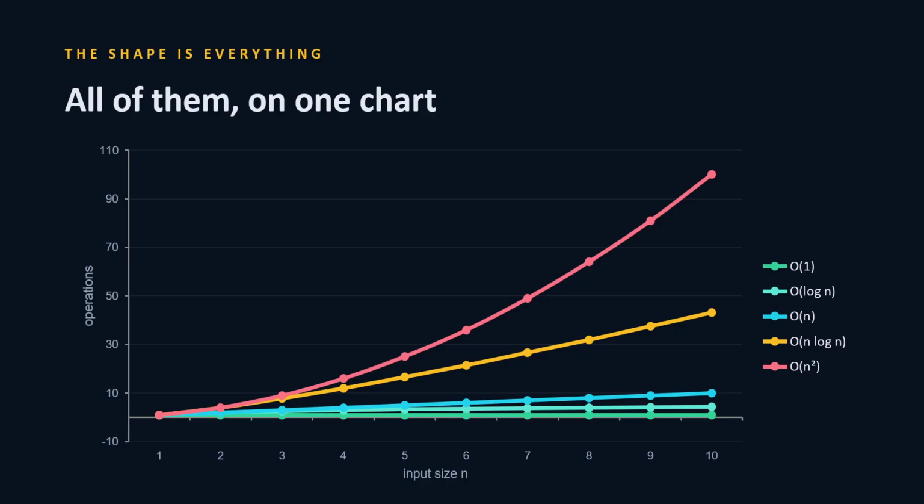Notice they all start in roughly the same place on the left. With small data, everything looks fine. It's only as n grows, on the right side of the chart, that they fan out violently. That right side is production. The left side is your laptop.